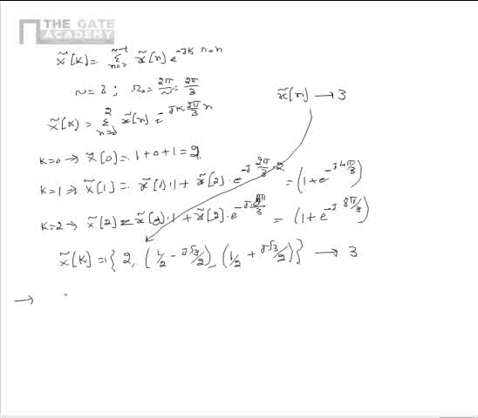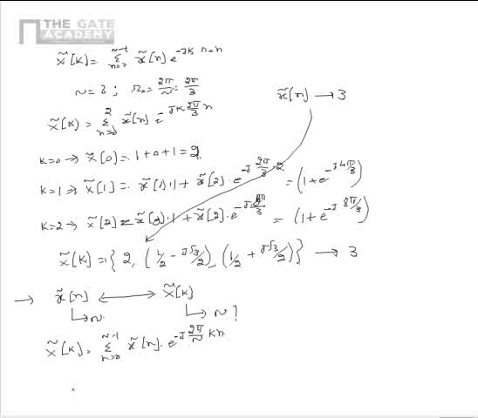Now let us consider another problem. If x of n is a periodic signal and if its frequency representation is given as DTFS X of k, and if x of n is periodic with period N, prove that X of k is also periodic with period N. We know that capital X of k is equal to sigma n is equal to 0 to N minus 1 x of n multiplied by e power minus j 2 pi by capital N multiplied by small n.